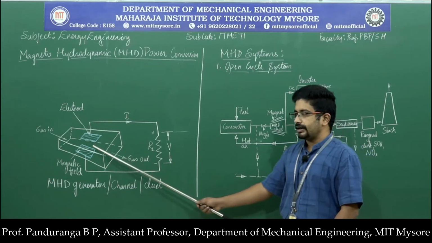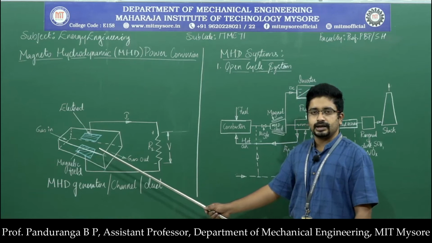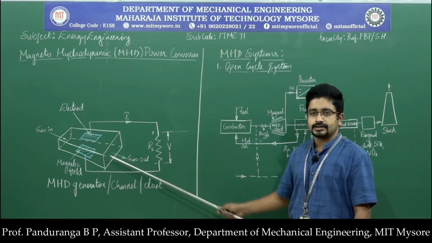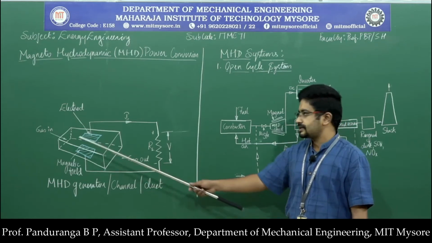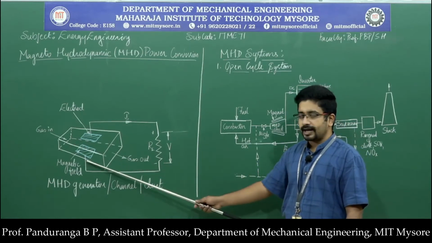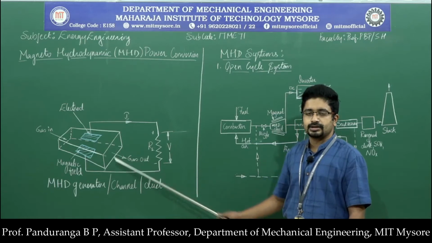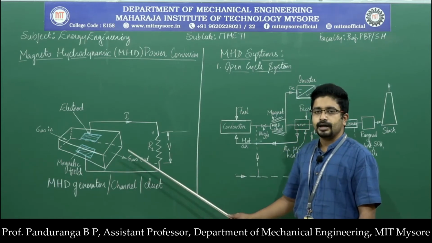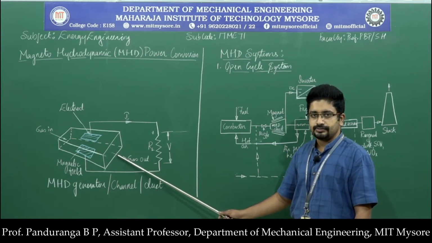So here we are directly converting the kinetic energy of the ionized fluid, whether gas or liquid, into electrical energy by applying a magnetic field perpendicular to the direction of the motion of the fluid particles.